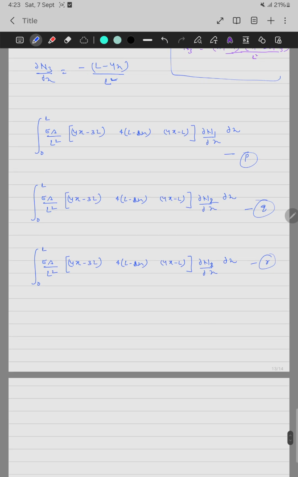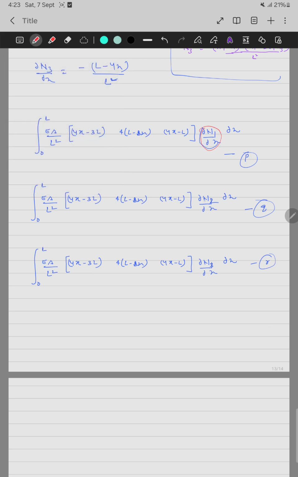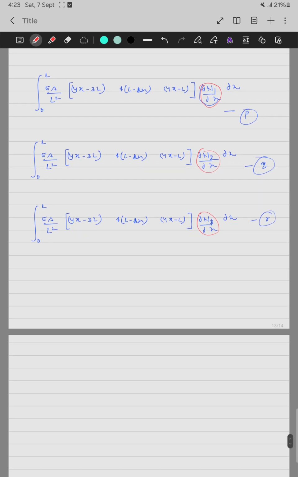Now what we'll do, again we'll put this value, let me highlight it, this value, this value, and this value again we have to put. After doing this, see, this whole term is constant, and these are the variables.